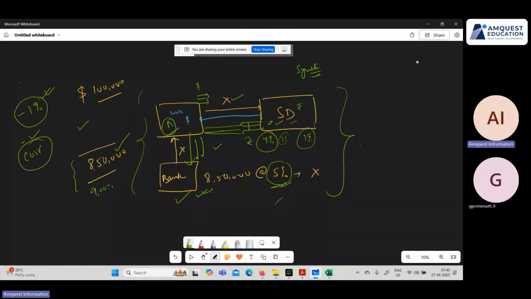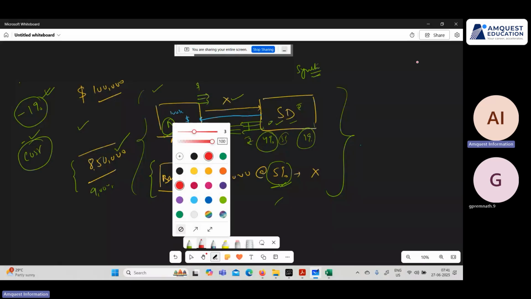Why I'm calling it a maximized situation is because you are not using your money in this case. You are borrowing from the bank in India. So there could be one question that is only related to this.